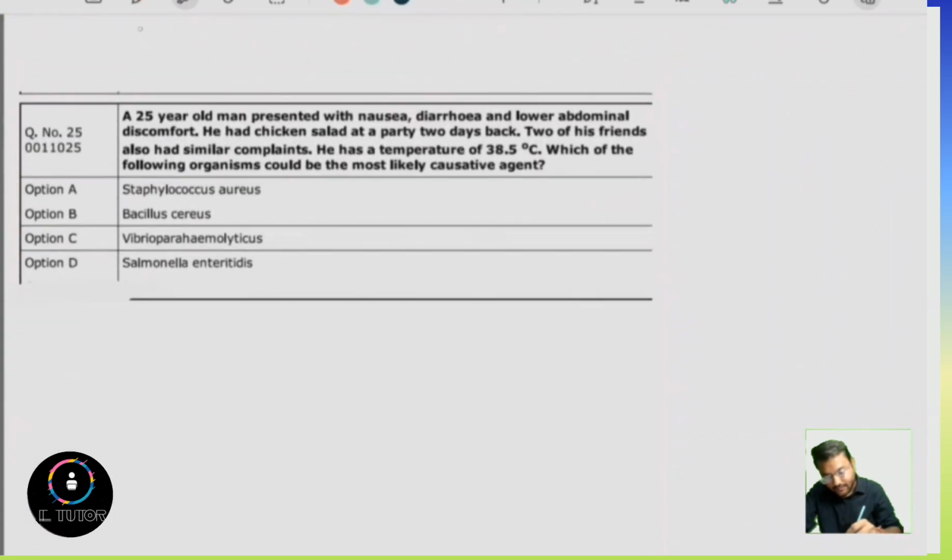Next is a 25-year-old man who presented with nausea, diarrhea and lower abdominal discomfort. He had chicken salad at a party 2 days back, and two of his friends also had similar complaints. He has a temperature of 38.5 degrees Celsius. Which of the following organisms could be the most likely causative agent?